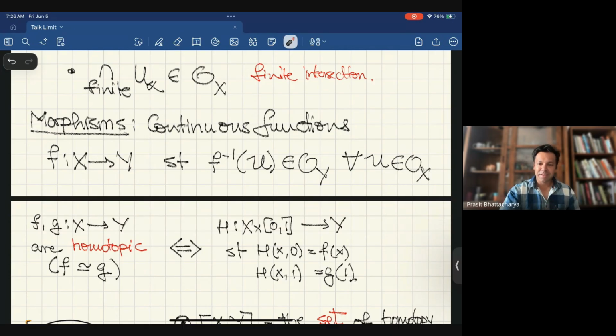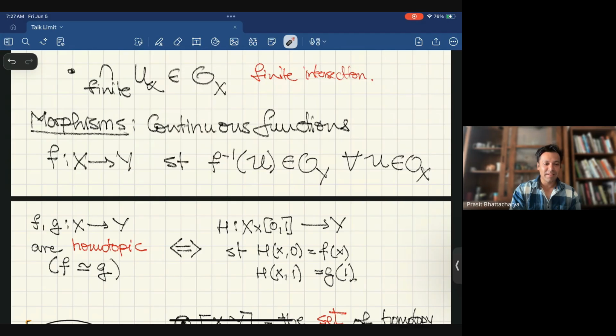Okay, another survey. How many of you have seen homotopy before? You can also put a thumbs down if you haven't seen. I want to know how many thumbs down there are.